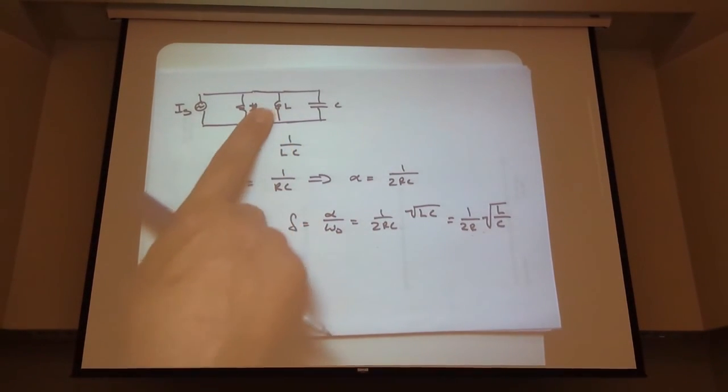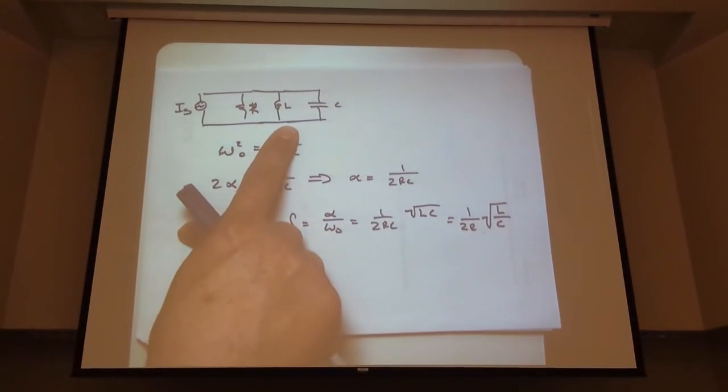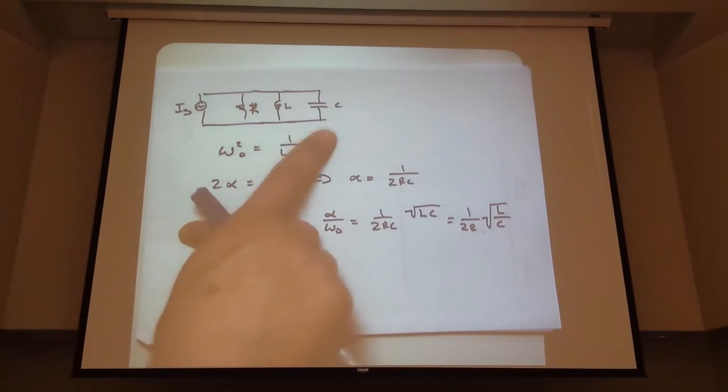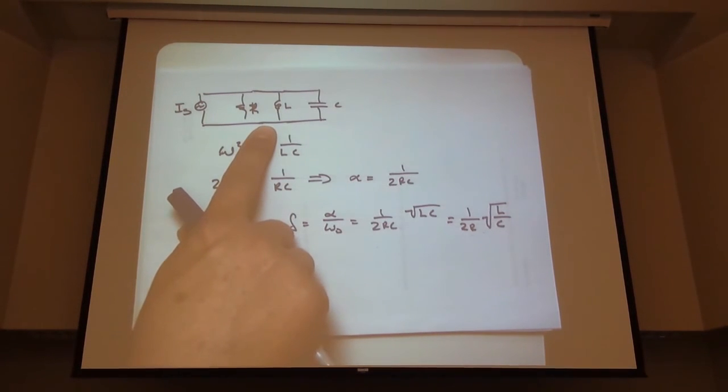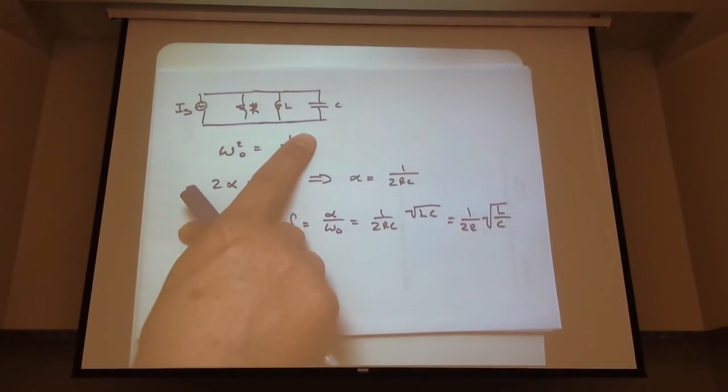If this is an open circuit and we're at resonance, what's the admittance here? If you're at resonance, what's true about ZL and ZC? Equal and opposite, they're complex conjugates. So what's the admittance if they're complex conjugates? Zero. So what's the impedance?